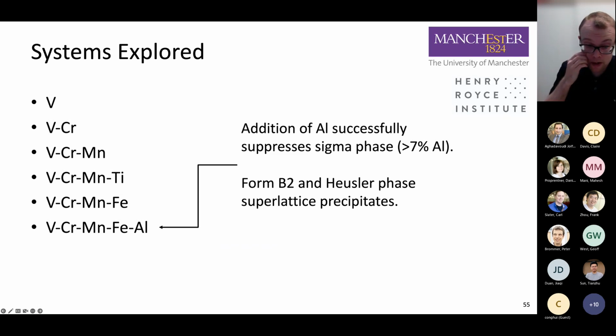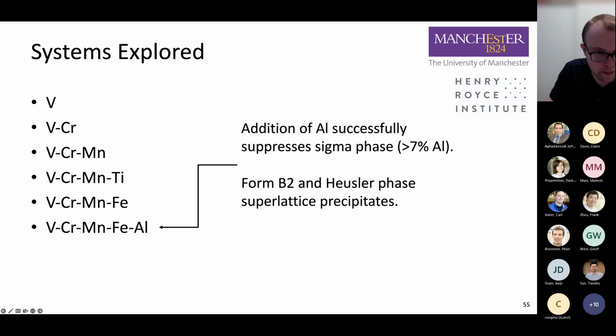Secondly, aluminium forms B2, which are ordered intermetallic phases, superlattice phases of the BCC solid solution. The aluminium forms these B2 and Heusler phase precipitates, and that's also a good thing for high-temperature strength.